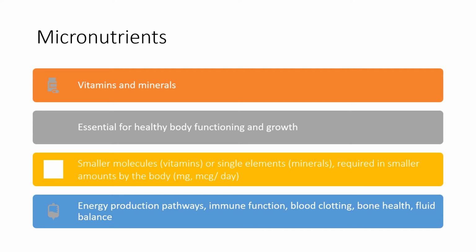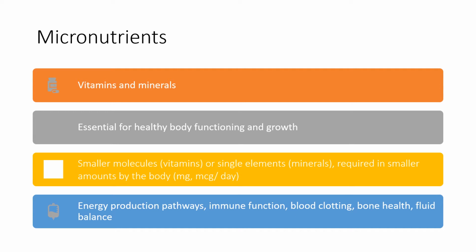Micronutrients are a little bit different. Micronutrients include vitamins and minerals. Relative to the macronutrients, micronutrients are smaller molecules, or they're single elements like minerals, and they are required in smaller amounts by the body. When we talk about the recommended dietary allowance of micronutrients, we talk in terms of micrograms and milligrams per day rather than grams per day.